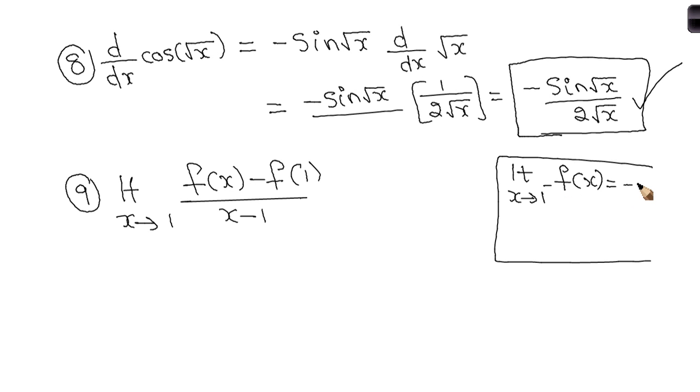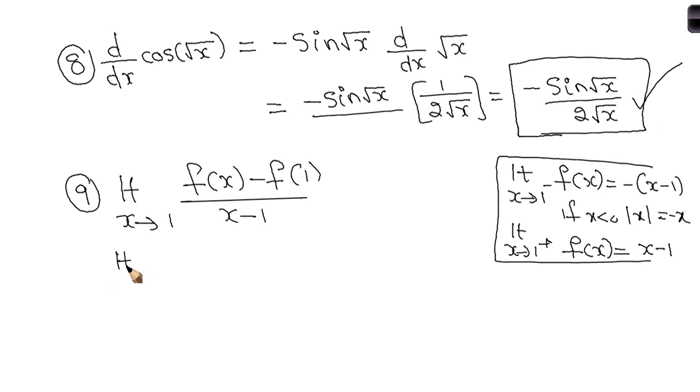Very good. If limit x tends to 1 minus, what happens to this f of x? This will become minus of x minus 1, because if x is less than 0, mod x is minus x. Similarly, x minus 1 should be mod of x minus 1. And limit x tends to 1 plus, what would be f of x? It would be x minus 1. Very good.